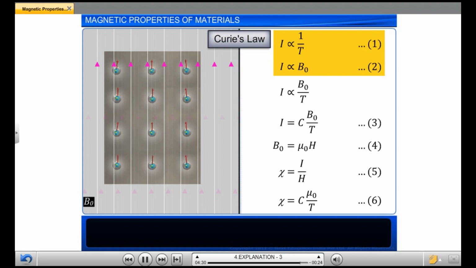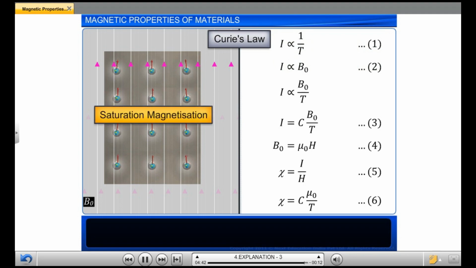At this magnetization, all the atomic dipoles are aligned in the same direction as the magnetic field. This value of magnetization is known as the saturation value and is represented as Is. Beyond this value, Curie's law is not applicable.